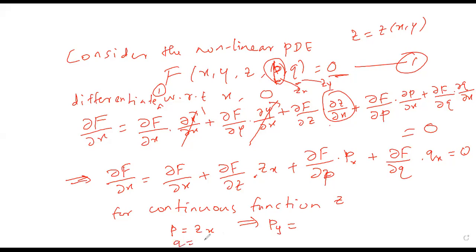Similarly, q is equal to zy. What is qx? Can you give the answer of small py? No, don't write the capital. Small py. If p is equal to zx, what is py? If q is equal to zy, what is qx?